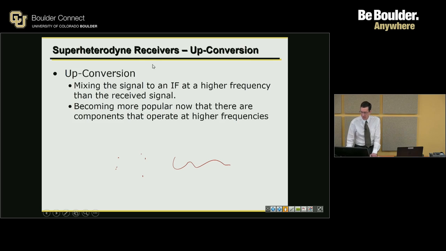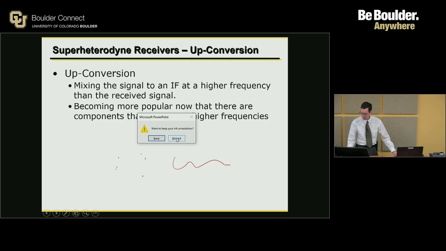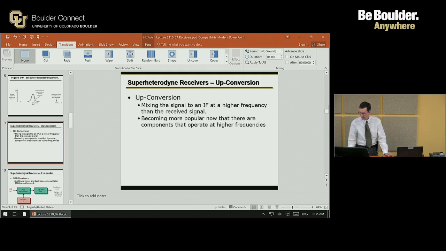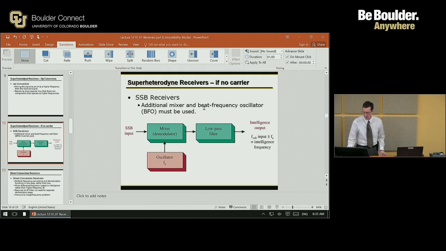So here's the slide on up conversion. In some cases, you'll see that IF signal at a higher frequency, because we now have components that can do that. The examples that we've done so far have assumed that there's a carrier signal in there that we can use for demodulation.